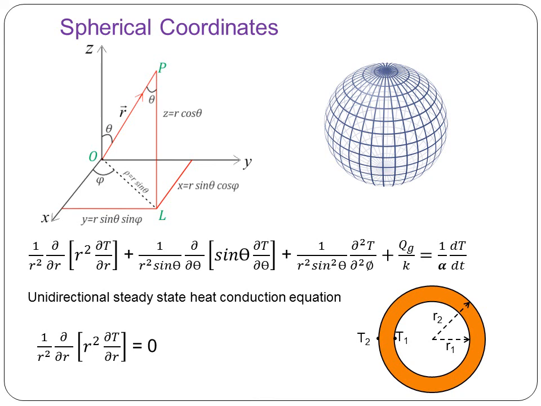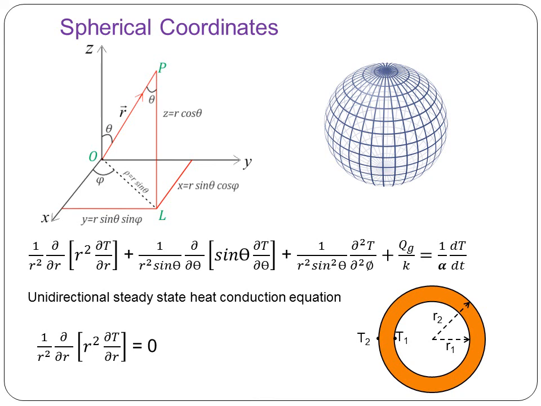So, we have x equal to r sin theta cos phi, where phi is the azimuth angle and theta is the zenith angle, then y is equal to r sin theta sin phi, and z is r cos theta. So, at any point you can use these 3 coordinates and finally, you will get the expression for the spherical coordinate system.